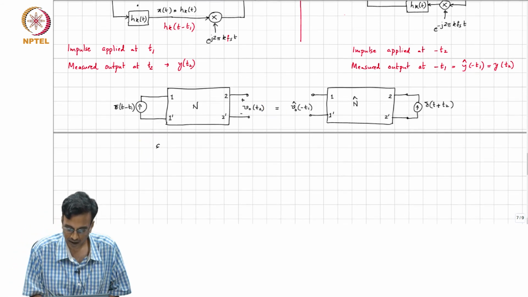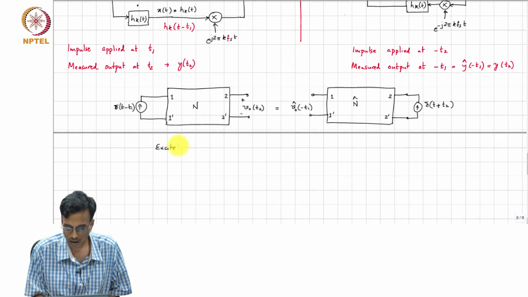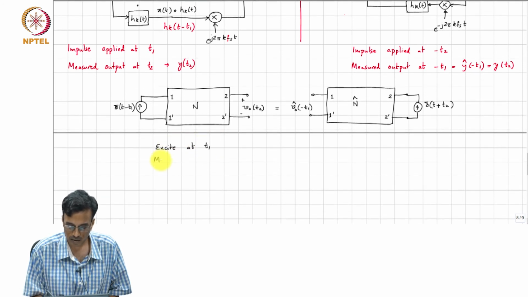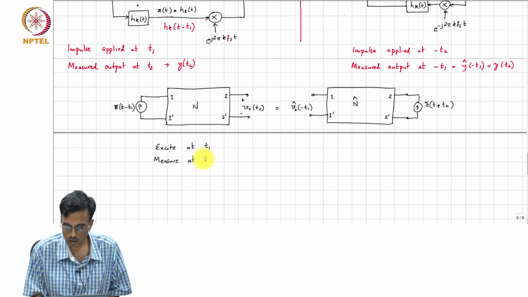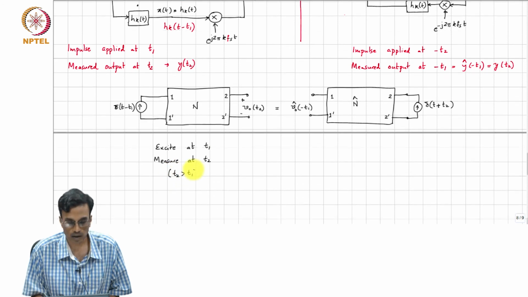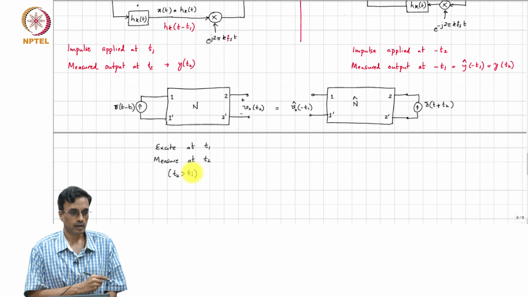So, you excite at t1 and measure at t2, and for this t2 obviously must be greater than t1, correct.